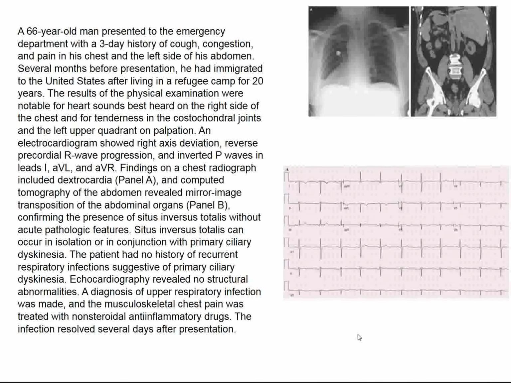Here's the patients from last week that had this peculiar chest x-ray and this peculiar CT. This time they also show us electrocardiogram, and it underscores the presence of complete situs inversus. The electrocardiogram is classic, and so there's a follow-up on that patient.